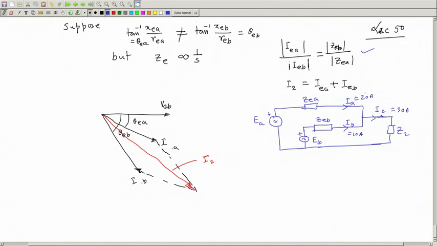So, you see that when one carries 20 ampere and the other carries 10 ampere, the sum of these two currents cannot be 30 ampere; it will be less than this. In other words, what I am telling is that these two transformers will be operating at different power factors.